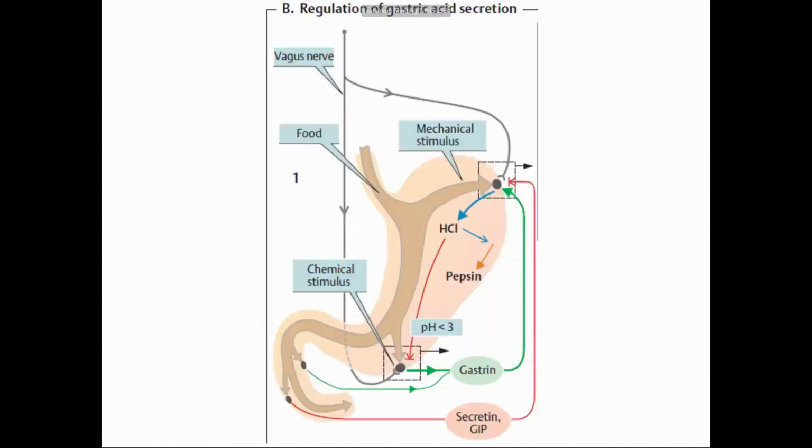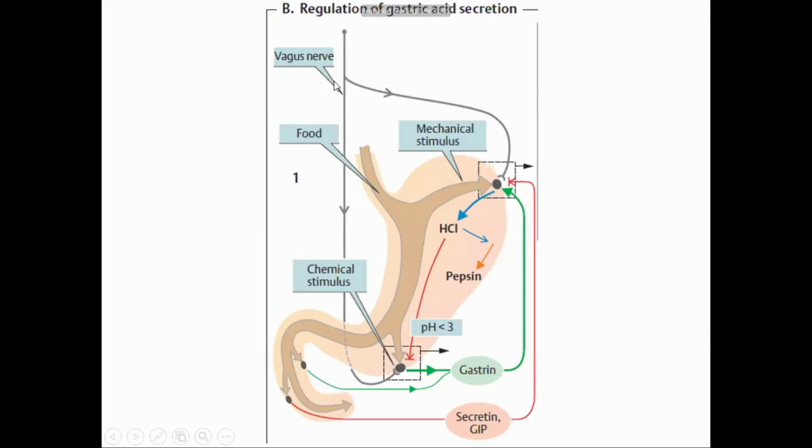So this is also the same. Vagus nerve here. Here is the gastrin secreting cell in the pylorus part. Other cells are present in the fundus and body; the other gastric glands are present in numerous in the fundus and the body.